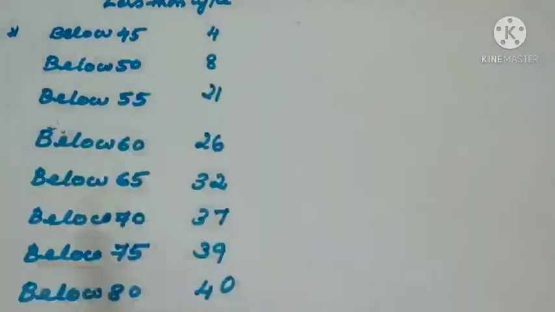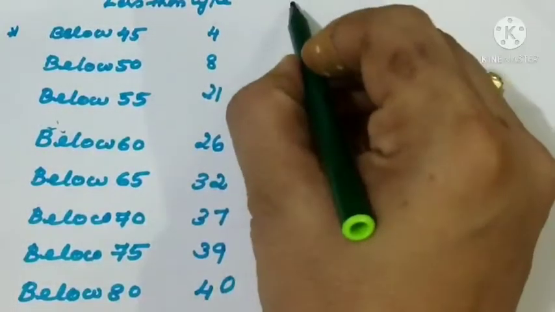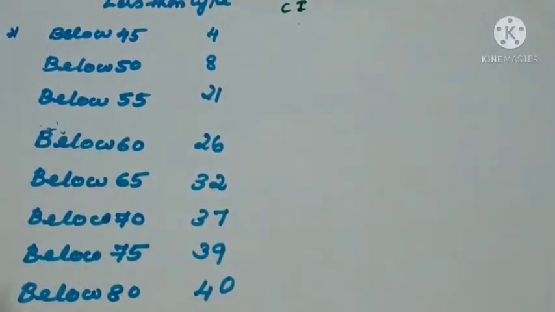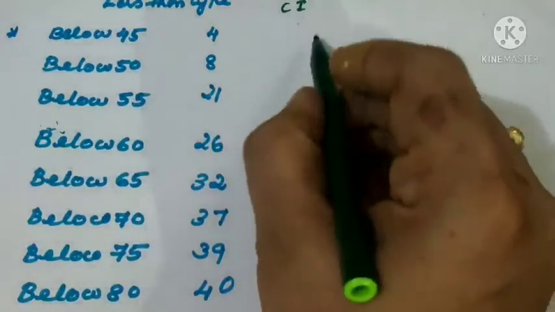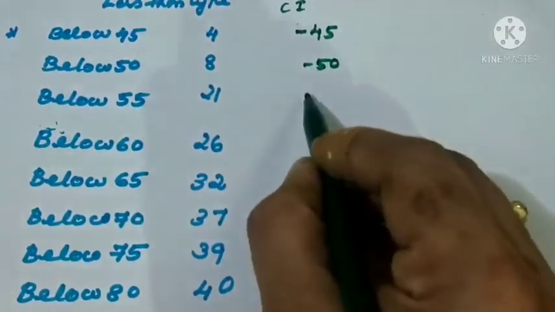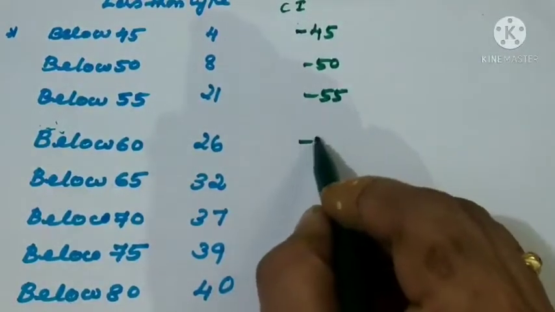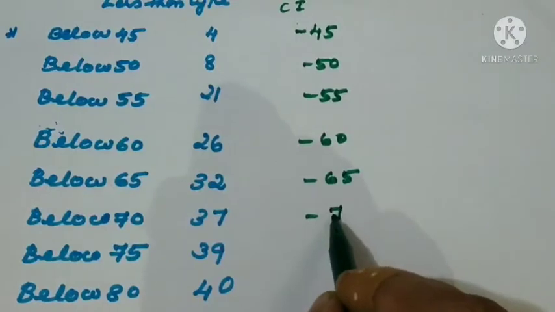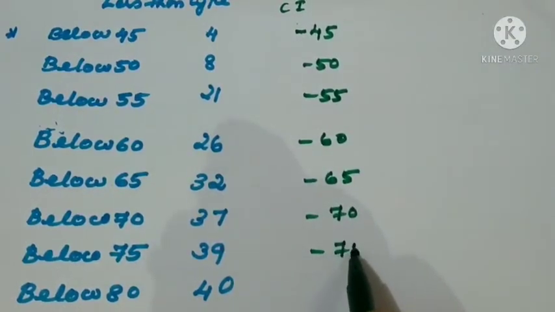So a less than type is given, and we have to write the class interval now and the frequency. The table is given below. So whatever is given, that is our upper limit. So 45, 50, 55, 60, 65, 70, 75, 80.